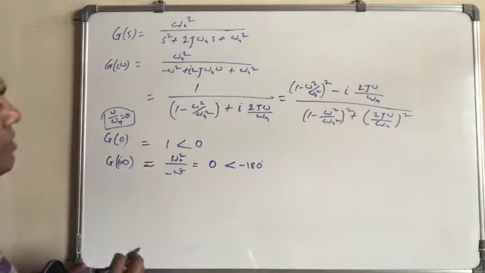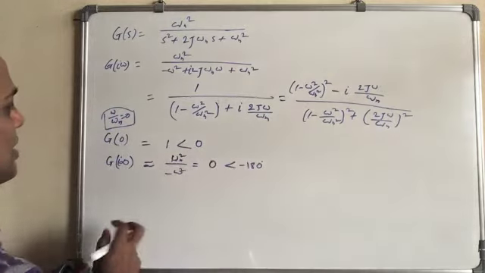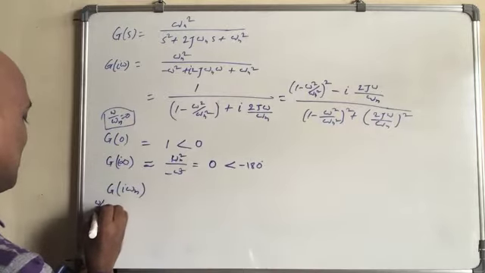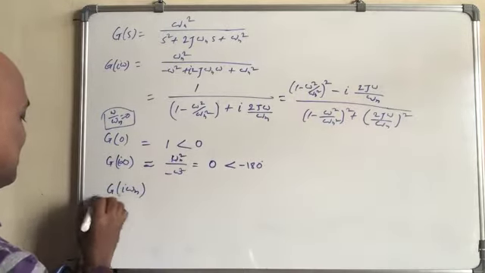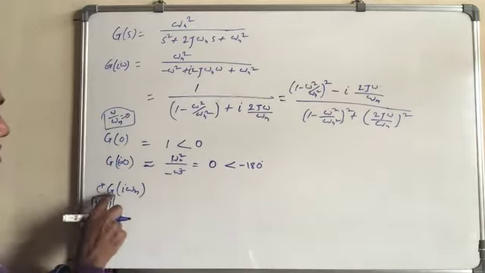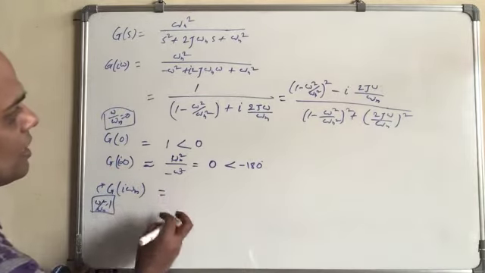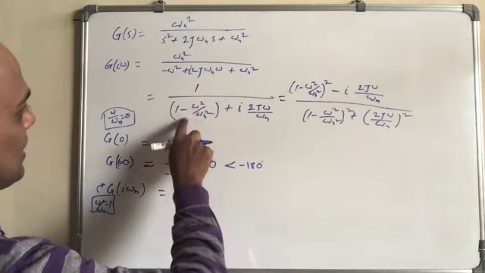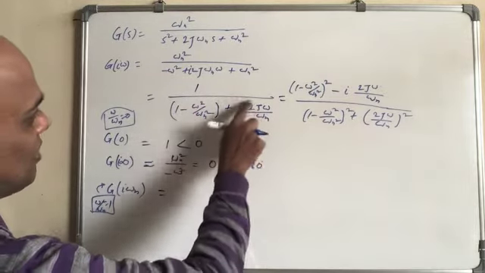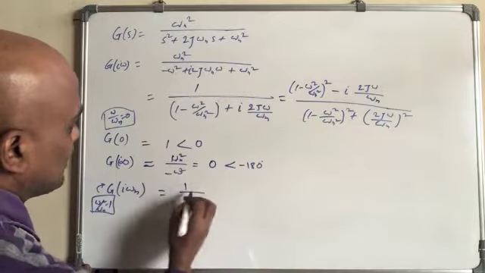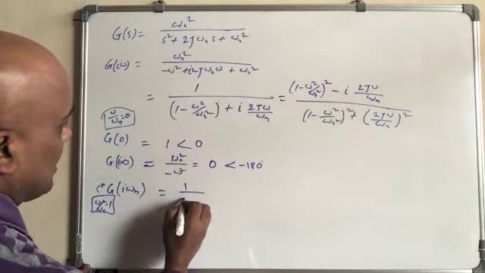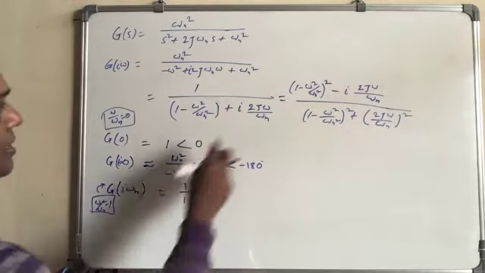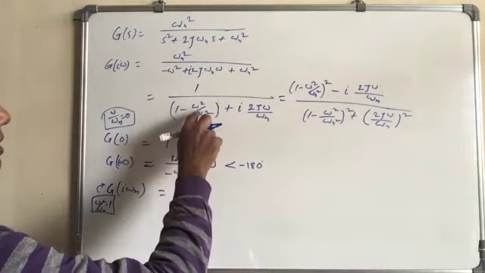Now in between, if omega equals omega n, so G(i omega n), omega over omega n equals 1, that is what it really means. So in that case this term will be 0, and what you are left with is simply i 2 zeta, since omega over omega n is 1.